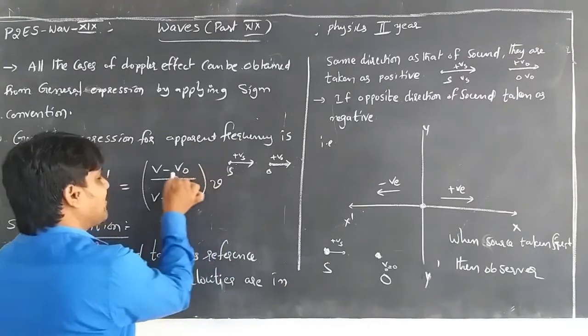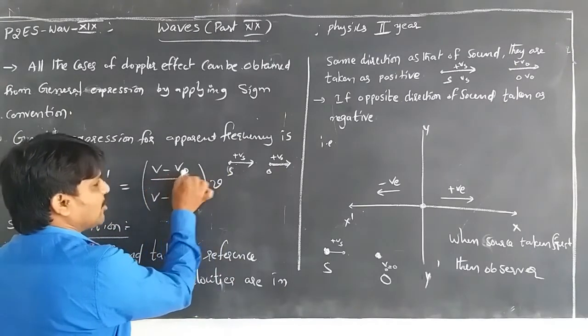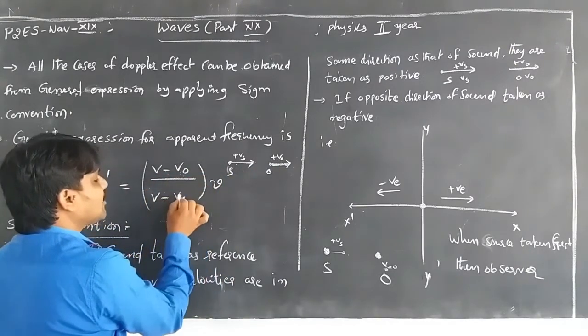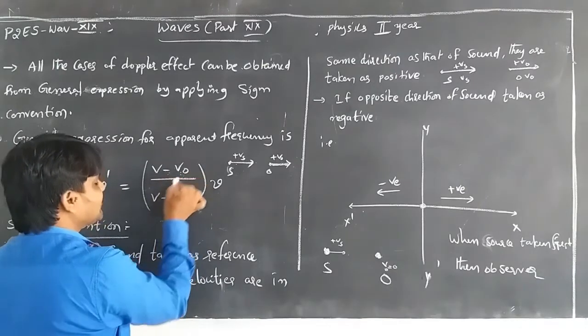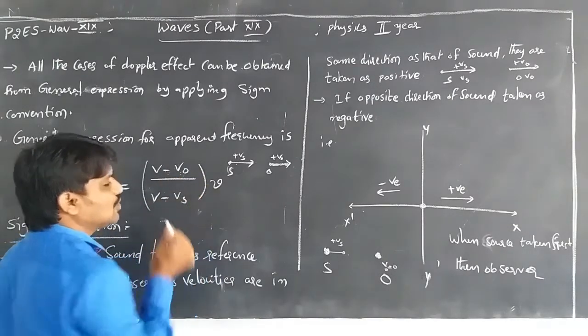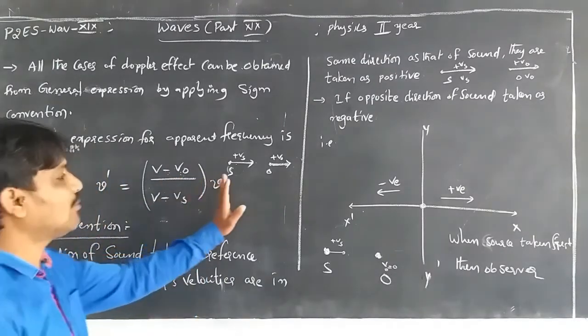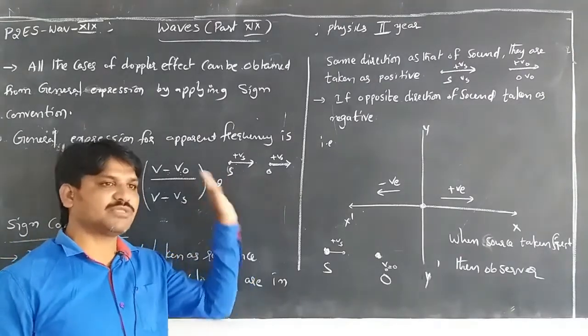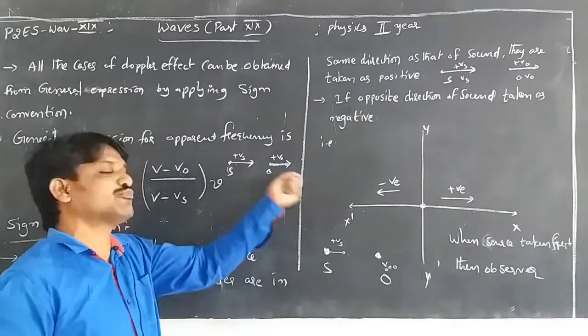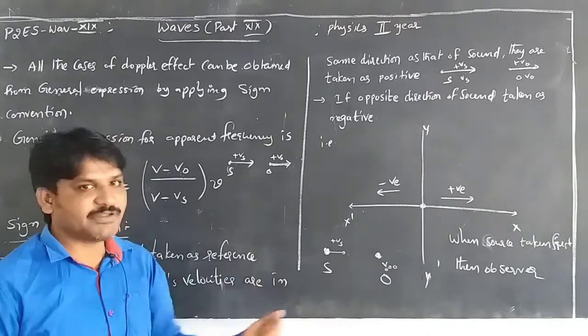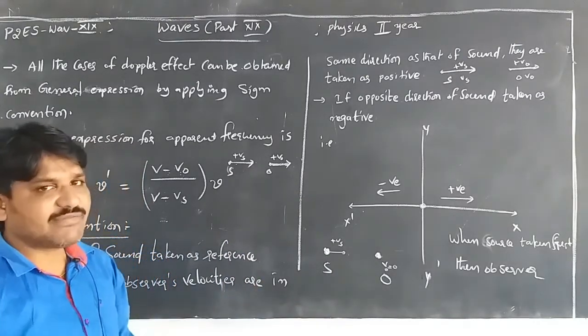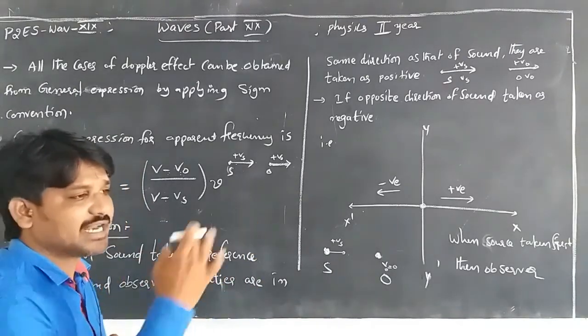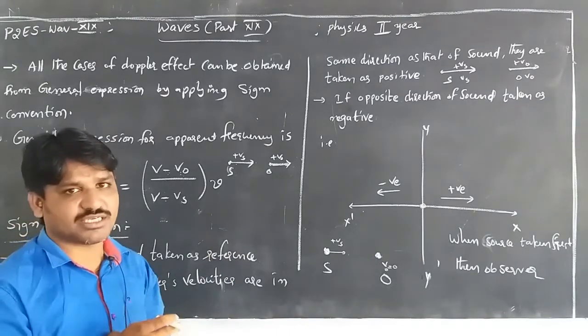So we apply V minus of plus V naught, V minus of plus Vs, and we get V minus V naught by V minus Vs into nu. That is the equation when both source and observer are moving in the same direction, with the source behind the observer. Sound always travels towards the direction of the observer, as we know.